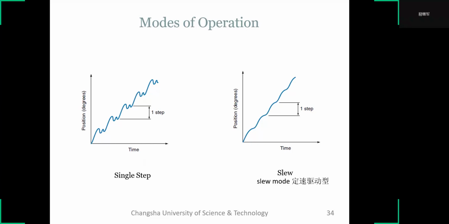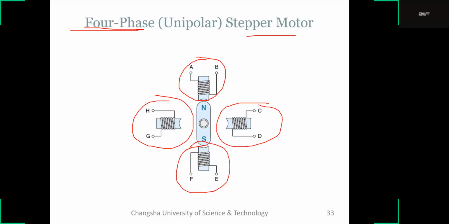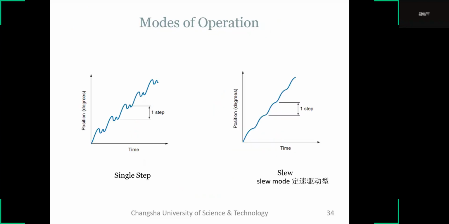When one phase is powered on, the position or the degree will change, but there is some vibration.